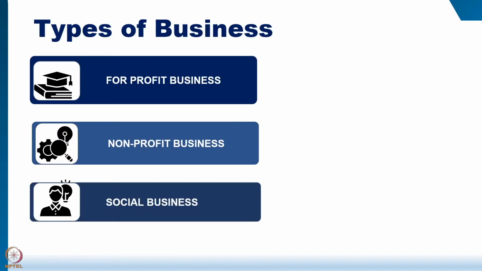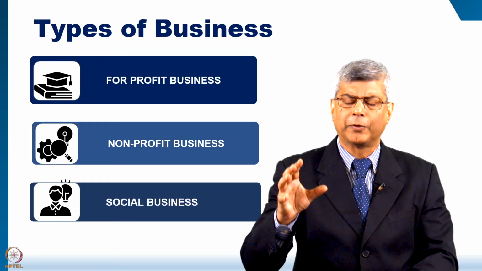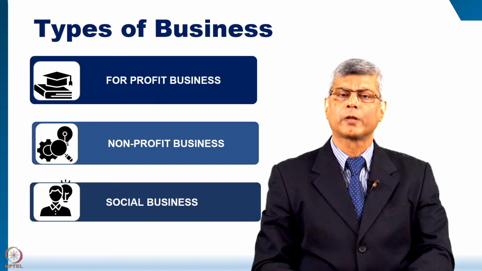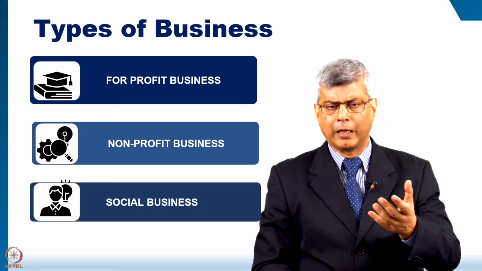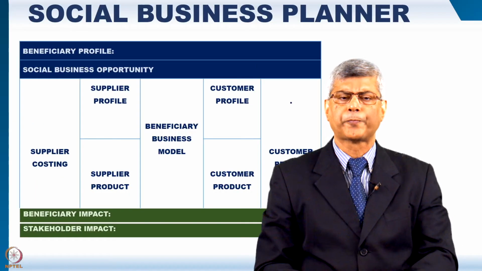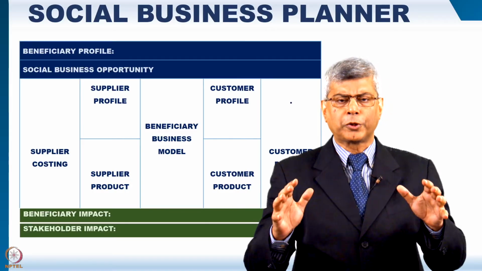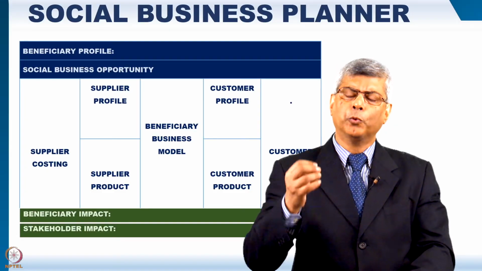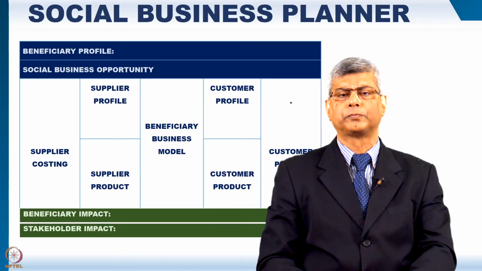So let's deep dive into the three types of business. For-profit business, which I've talked a lot about in all the earlier modules. A not-for-profit business, which is typically driven by grants, donations, and then a social business. So I'm going to talk you through now a social business planner which will help you develop a social business.